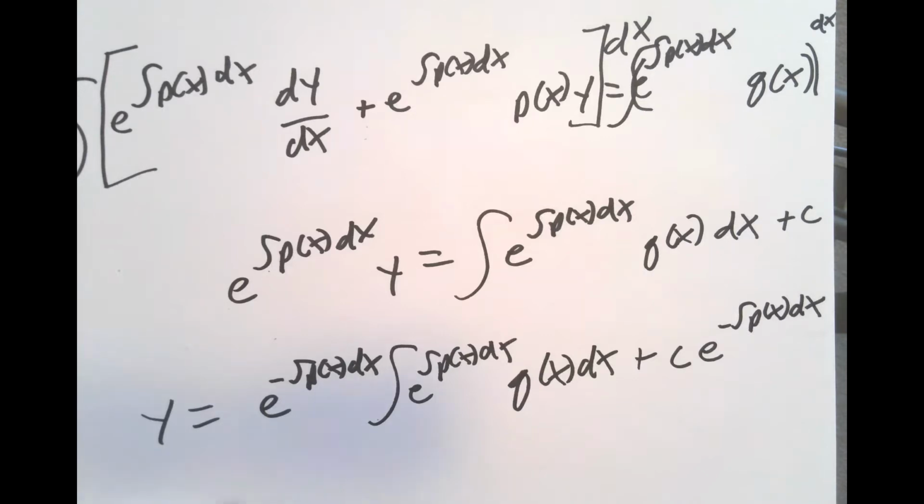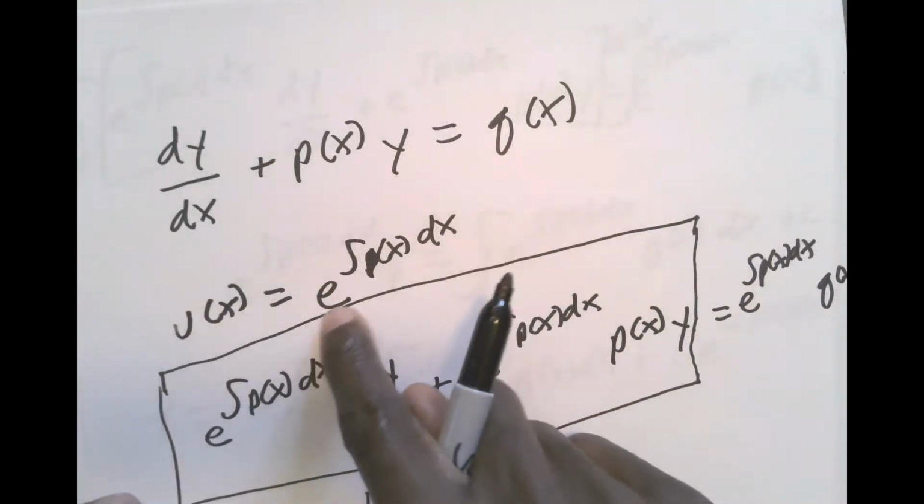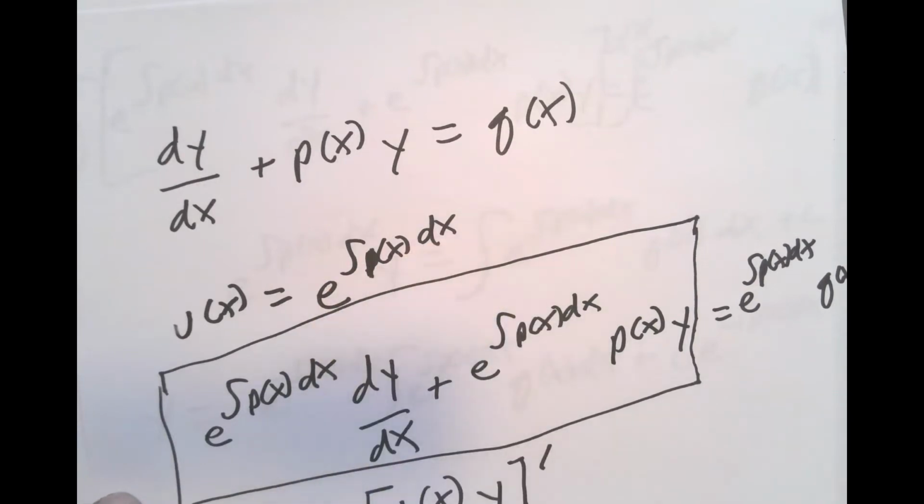We do not recommend you memorize this formula. The only thing that will be important in terms of solving this for you to remember from pure memory is that the integrating factor is e to the power of the integral of p(x) dx.